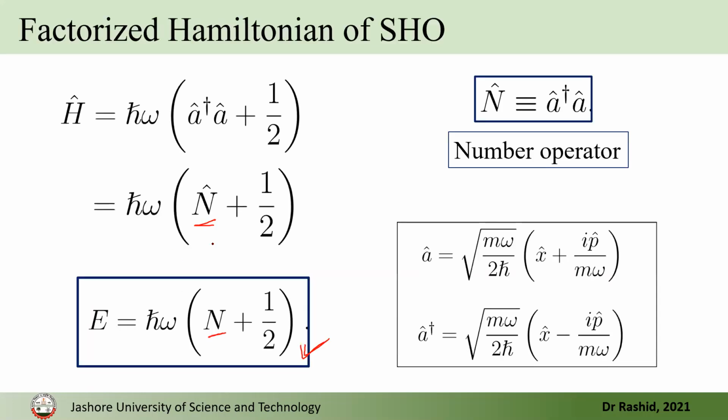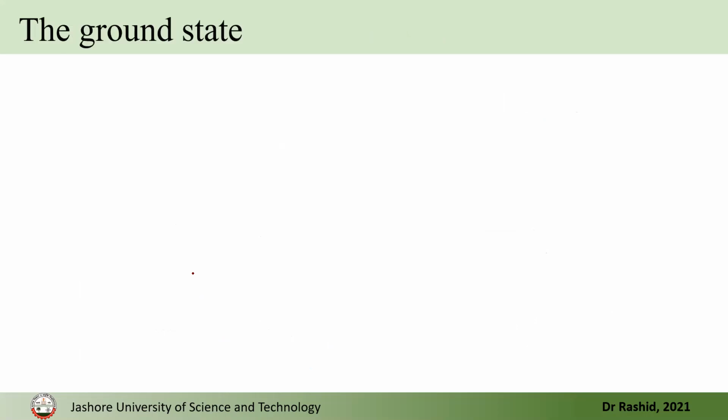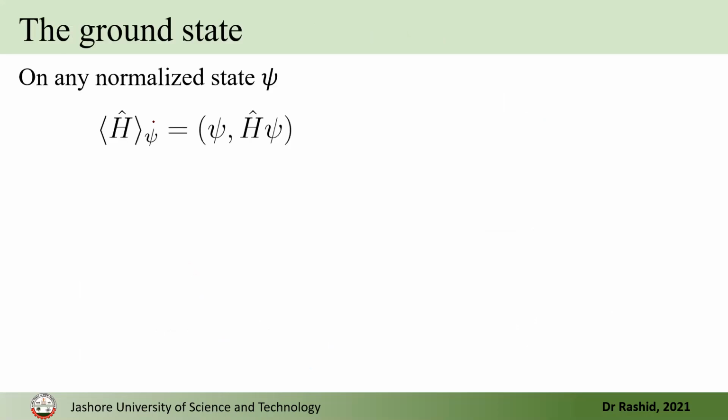Okay, now since we have factorized the Hamiltonian, we want to find out the ground state wave function for the quantum harmonic oscillator, and we also want to calculate the energy of that state. So now let's calculate the expectation value of the Hamiltonian for the wave function psi, which we assume to be a normalized state. We are not saying yet this is the ground state, this can be any state, but we are saying that this is a normalized state.